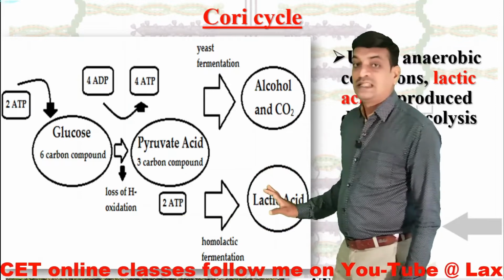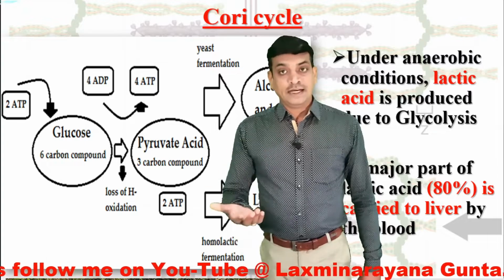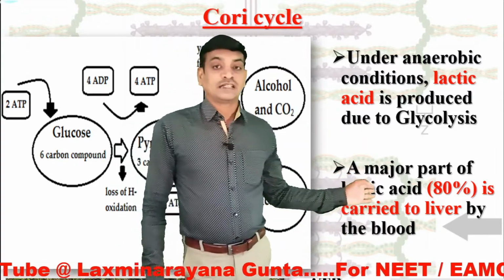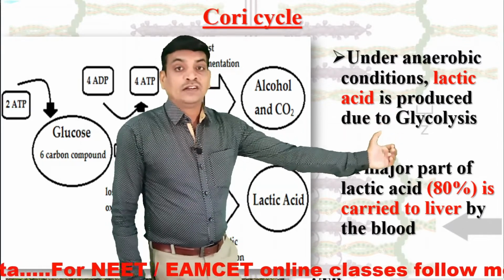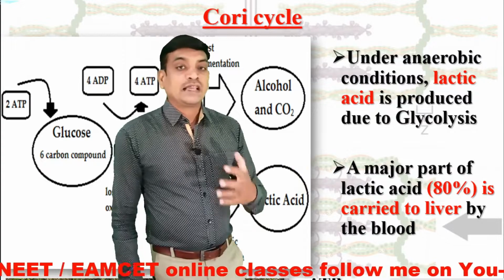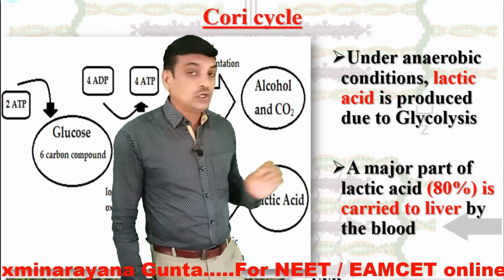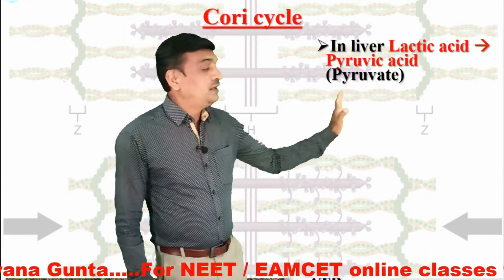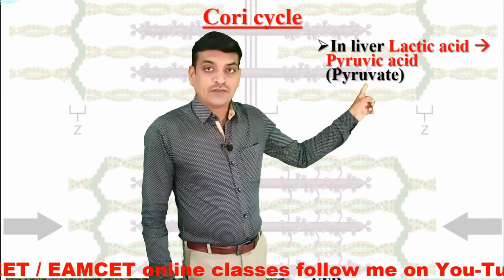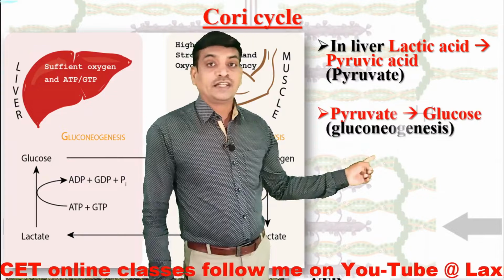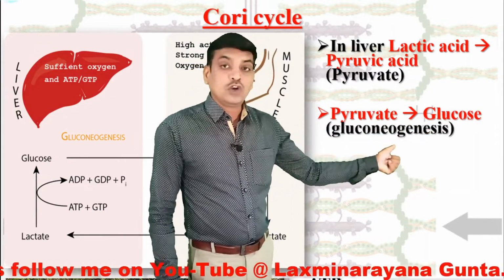This lactic acid is sent back to the liver through blood, and 80% of the lactic acid, that is 4/5 of it, is carried to the liver, where it is converted into glycogen by a process called gluconeogenesis. In the liver the lactic acid is primarily converted into pyruvic acid or pyruvate, and this pyruvate is again converted into glucose by gluconeogenesis.